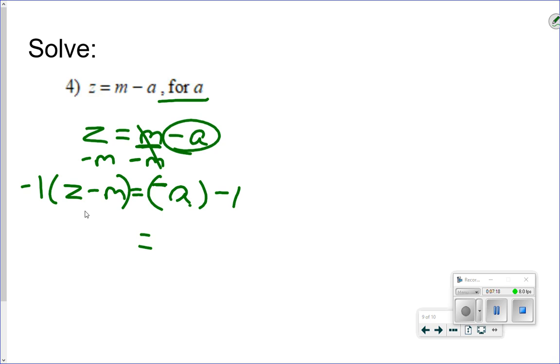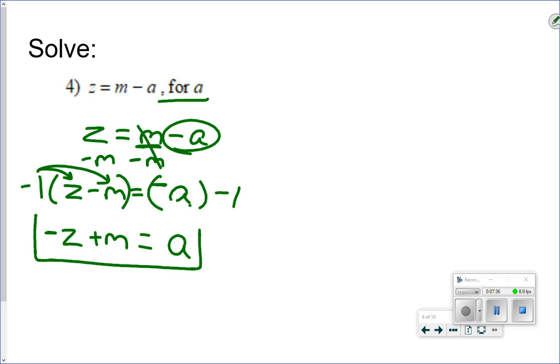So when we multiply by a negative on the right side, negative a times negative 1 becomes positive a. As long as you're distributing and you're multiplying or dividing every single thing by a negative 1, you're in good shape. The z is going to be negative, and the m is going to be positive when you multiply them both by negative 1. And that's your answer for that one.